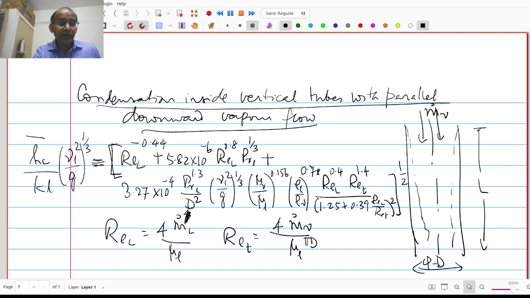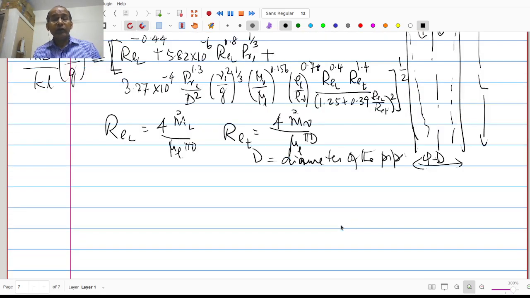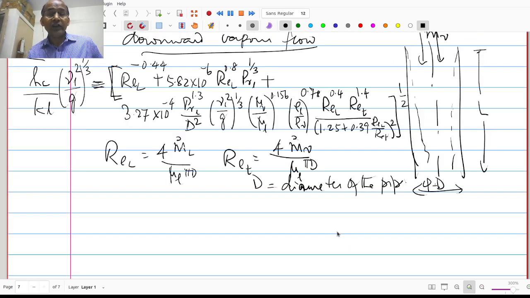If I remove the prime from here, then it will also be divided by pi d. So that is the expression where d is the diameter of the pipe. So unlike what we did yesterday, which was completely analytical, today we are dealing with mostly correlations of various kinds.